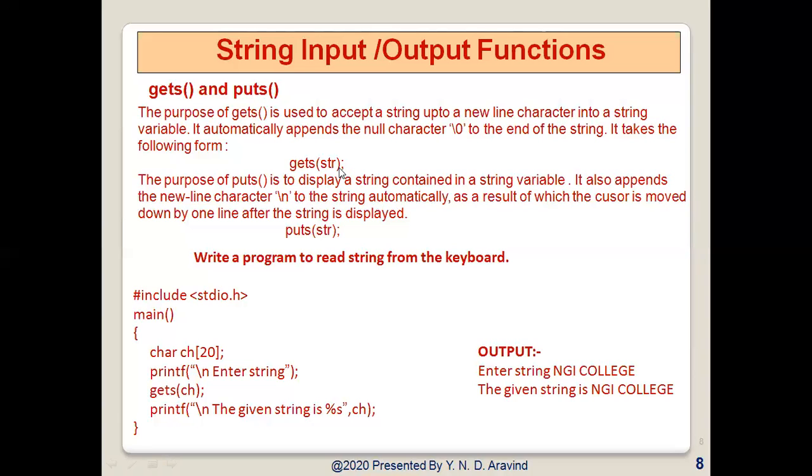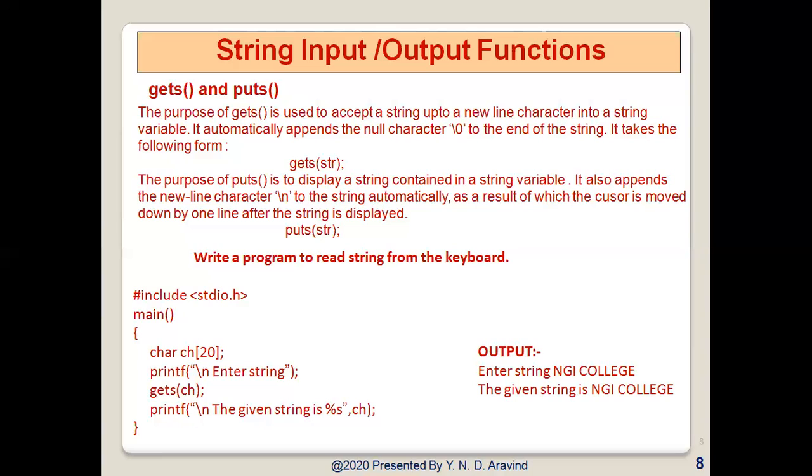So the format for reading a string until a new line character is encountered is gets(str). It enables us to accept a string up to a new line character into str.